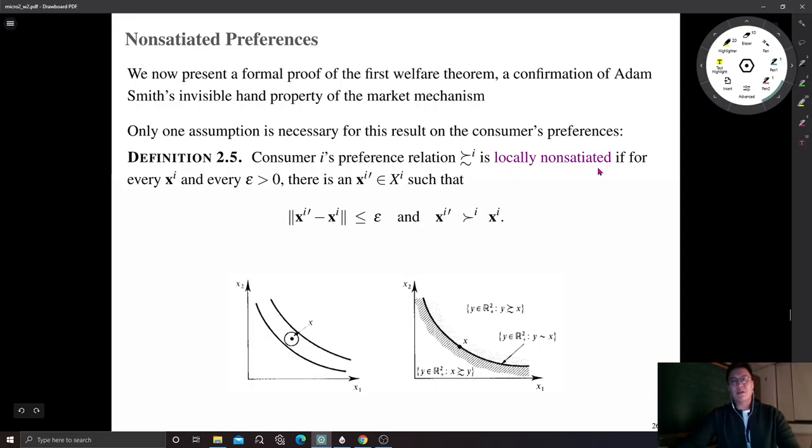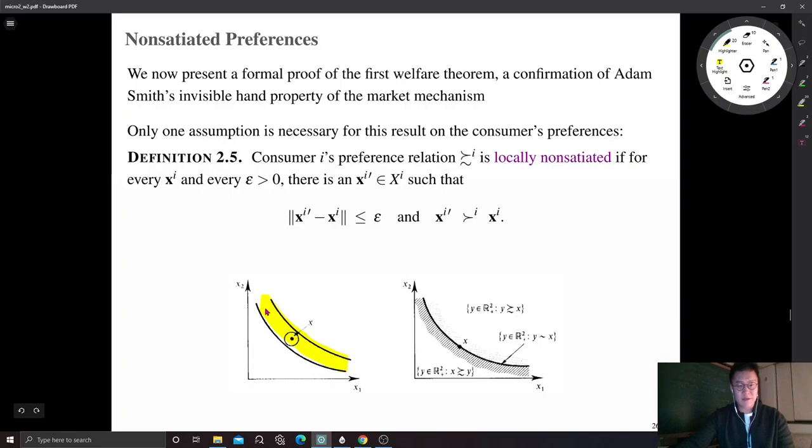So the locally non-satiated assumption implies that for every bundle x_i in the consumption set, and for every epsilon, there exists another bundle x_i prime in the consumption set, such that in the neighborhood of that bundle x_i, we can find an additional bundle x_i prime such that consumer i prefers x_i prime to x_i. Put another way, this assumption eliminates thick indifference curves.